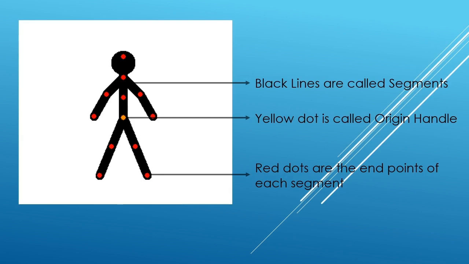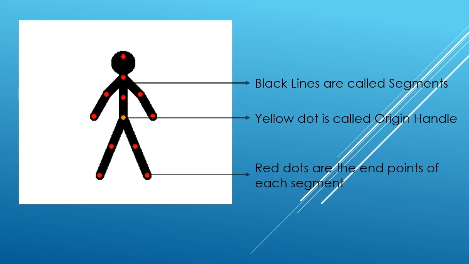These red dots are the end points of the segments. If you click on any of the red dots, it will make different movements of the images. It will help you make a different angle or direction when you place these images in different frames.